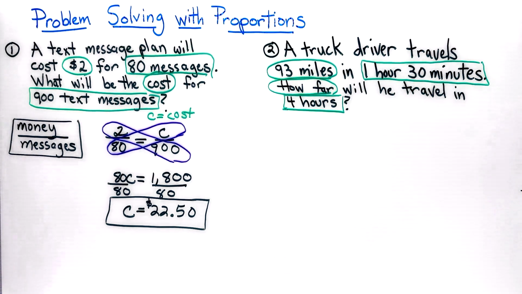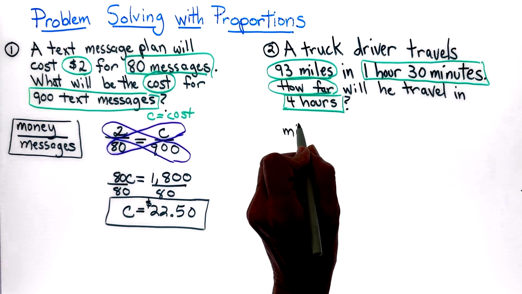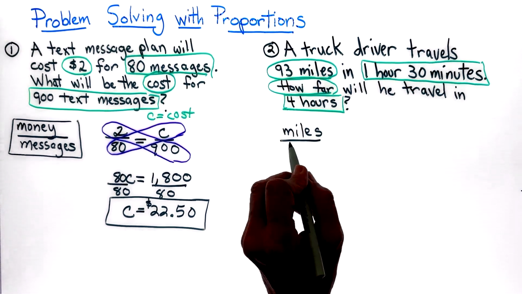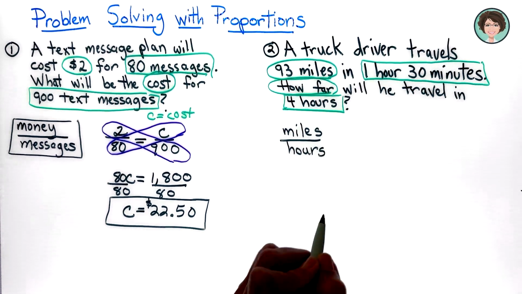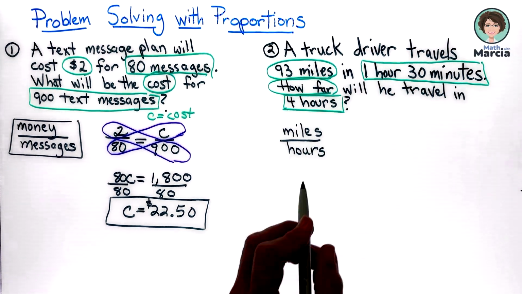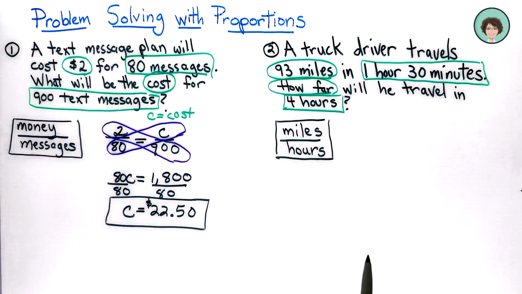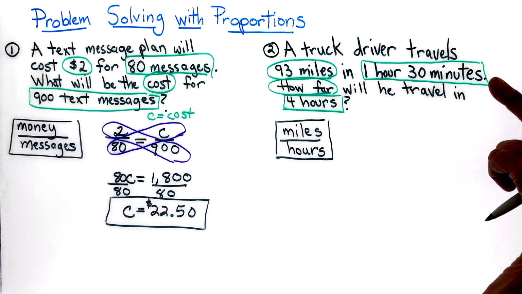So this one is a little bit tricky because it has 1 hour and 30 minutes. But we can do this. So we see we're comparing distance, our miles, over hours, because it says how far will he travel in 4 hours. So when I'm setting that up, I have to go ahead and change my 1 hour and 30 minutes.